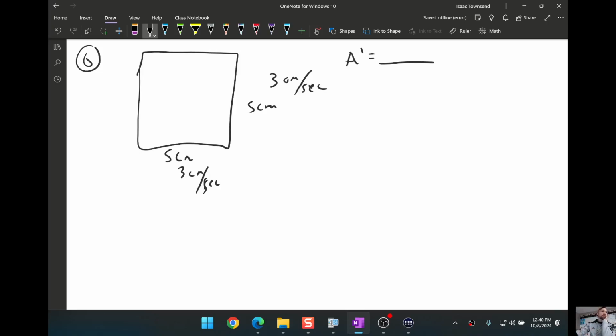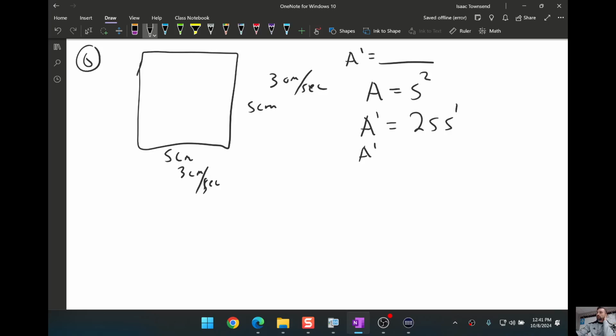So, square area must be... you're thinking cube. Area of a square is just side times side. So A prime would be 2s s prime, derivative with respect to time.